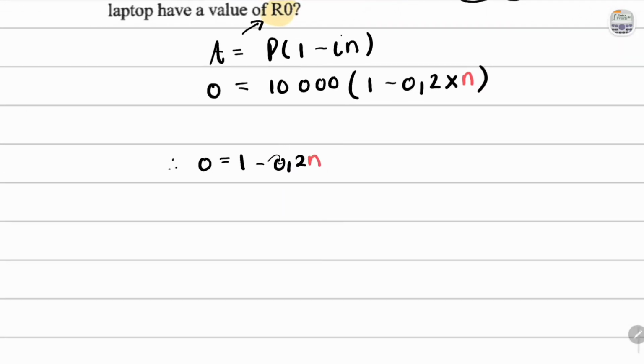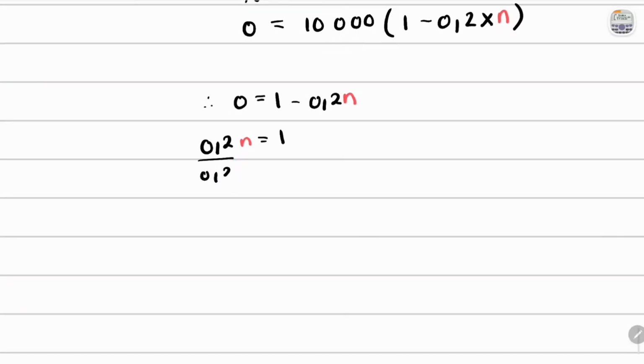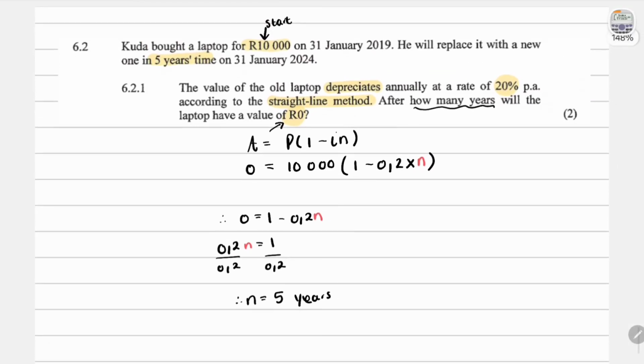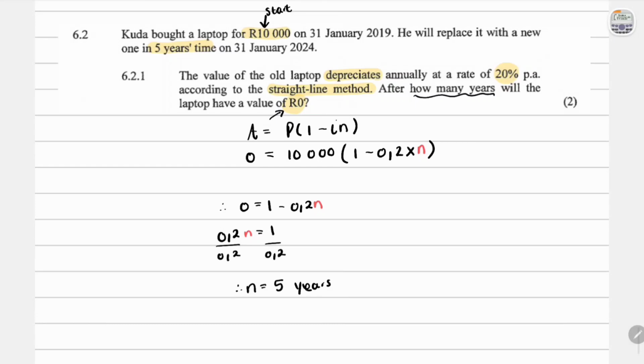Okay, we can just take this over since it is negative, so it becomes positive 0.2n. And then we have the 1 on this side. Divide both hand sides by 0.2, and that's going to tell us what n is. So n will be equal to 5, since it takes 5 sets of 0.2s to get a 1. So 5 years. That's how long it will take for this laptop to get to a value of 0. Okay, moving on to the next question.